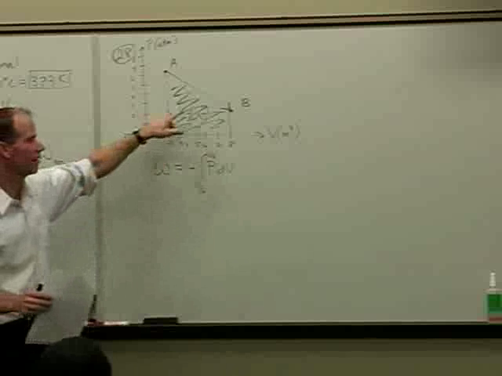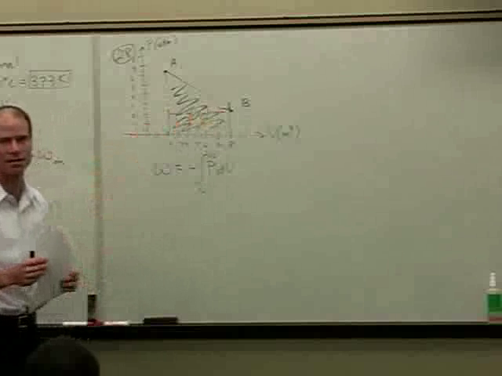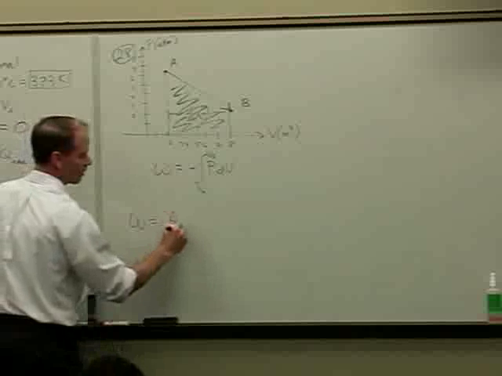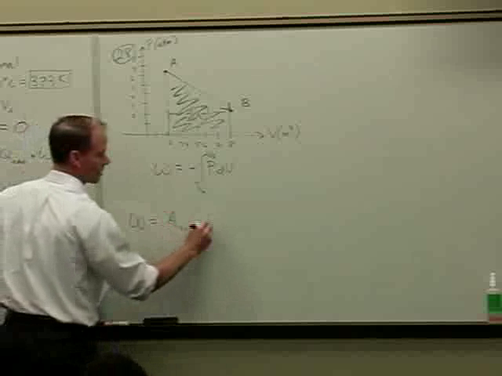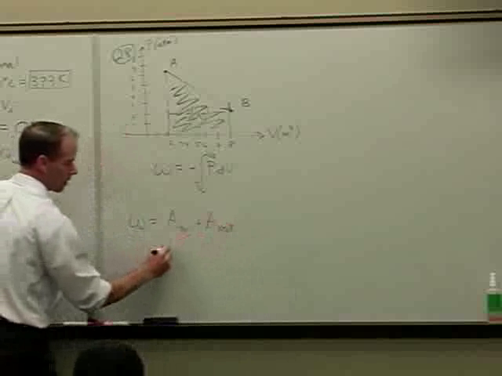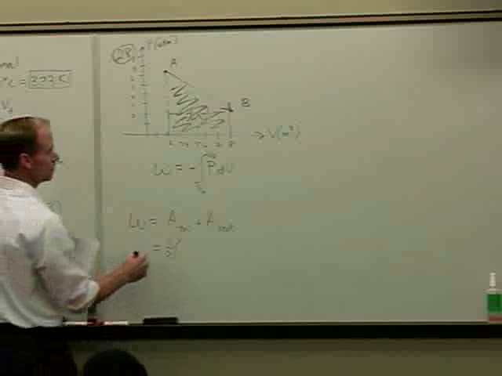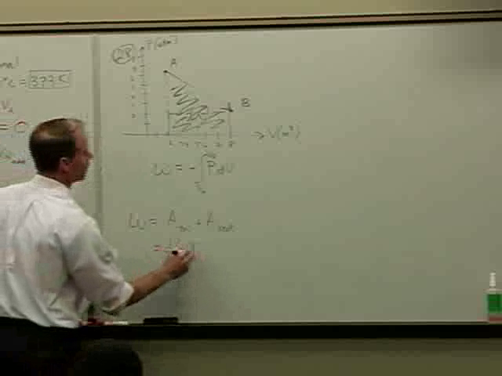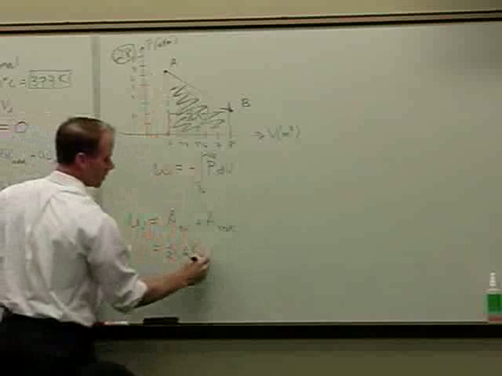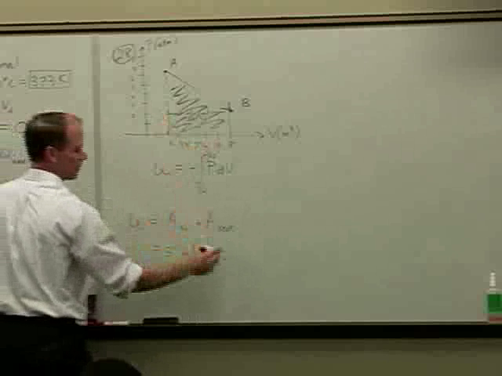So I just need to find the area underneath this, which is the area of this triangle plus the area of the rectangle. The work will be the area of the triangle plus the area of the rectangle. One half base times the height of the triangle, which is 6 times 4, plus the area of the rectangle, which is 6 times 2.